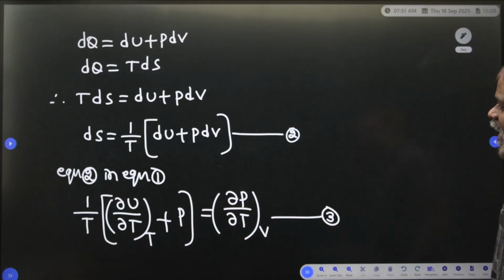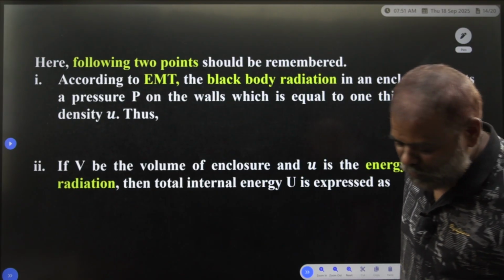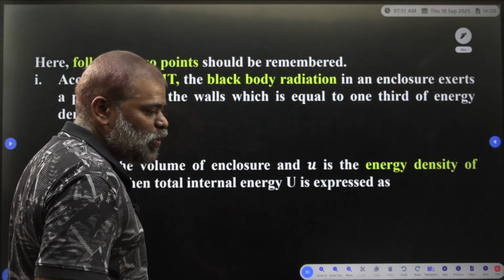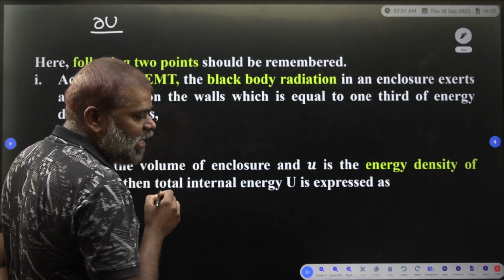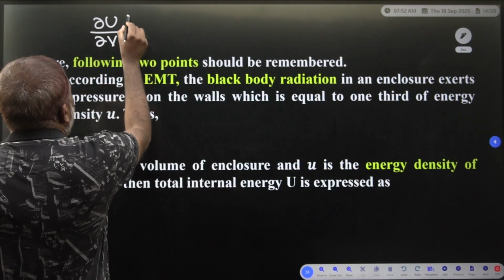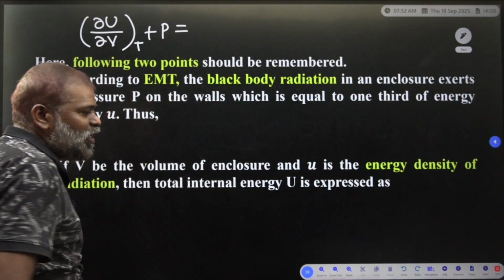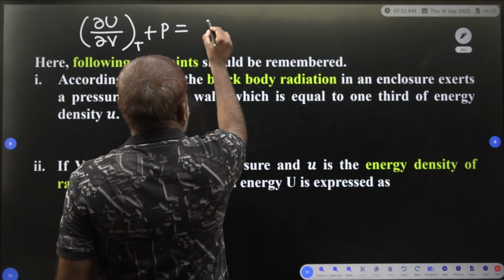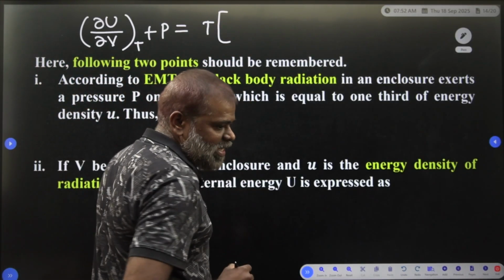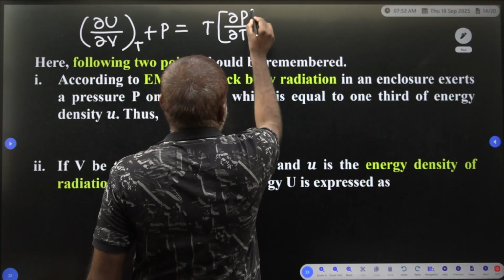It is clear. So based on the thermodynamic equation, we rearrange. ∂U/∂V at constant temperature plus pressure P is equal to T times ∂P/∂T at constant volume.